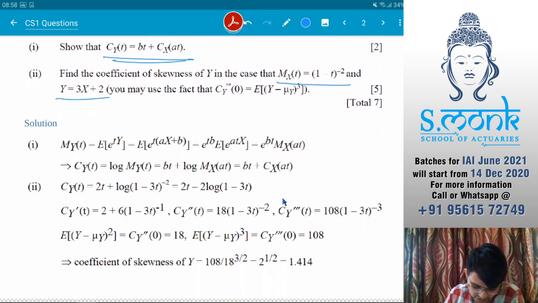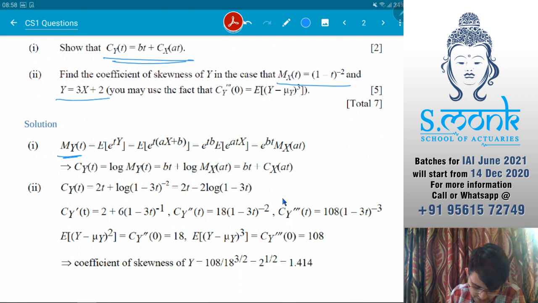So first of all, your MY(t) is this. Then we can take e raised to bt out, it's just a constant. So instead of t, we will have at. So here MX(at) and e raised to bt. Then for cumulant generating function, you will take log of both.